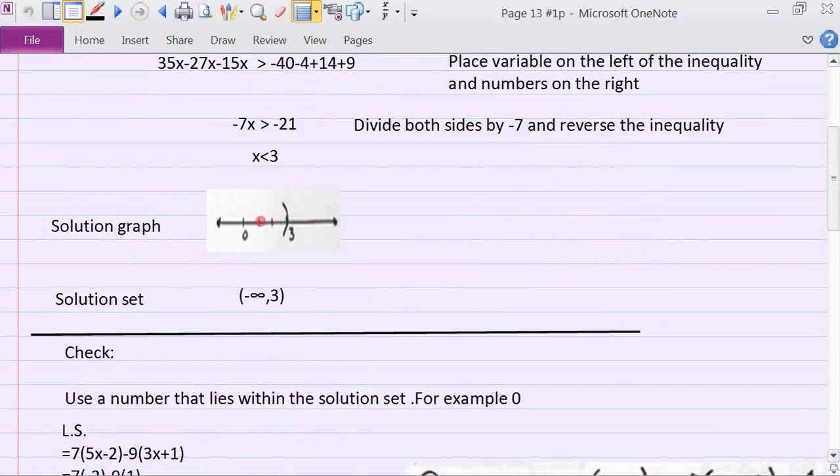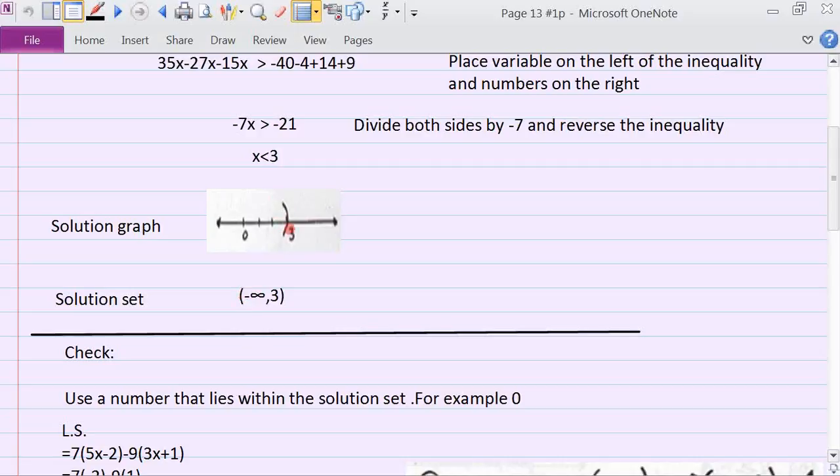So really this represents the graphical solution of what the values are. The rounded bracket here means that we haven't included the 3. The solution set, here the negative end of this is minus infinity. And because that is undefinable, we put a round bracket here.